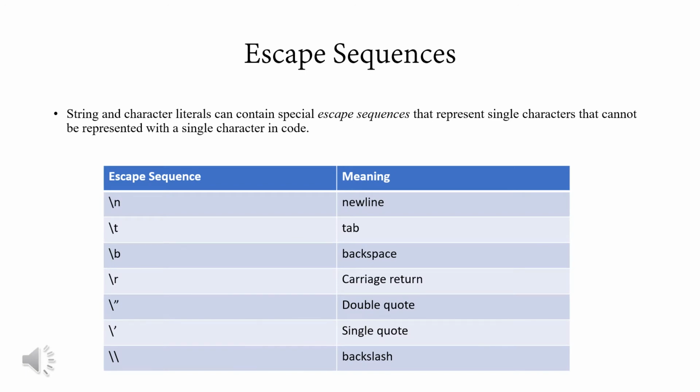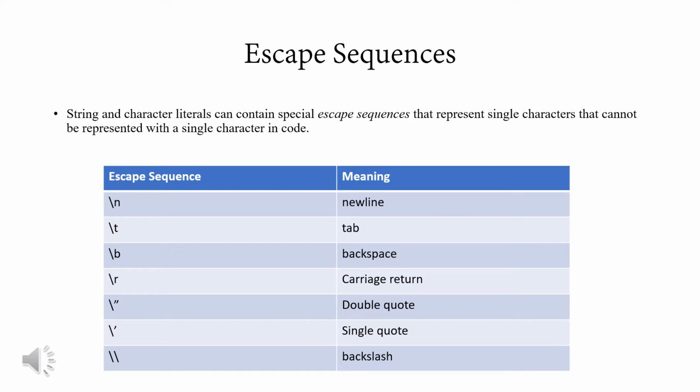So we have then escape sequences. As you see here, we can use these escape sequences in our programming language. For example, \n, when you use that, the next output will go to the new line, right? Or if you use \b, then it will create a backspace in the output.